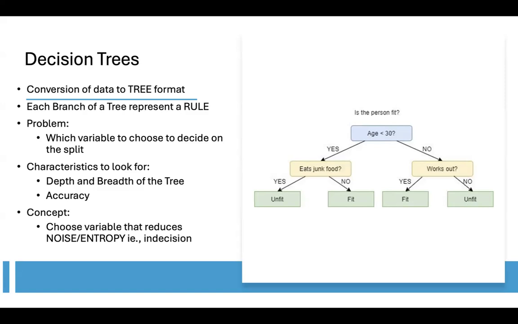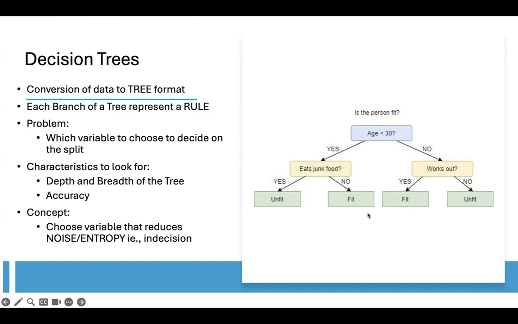So it's a tree representation of the data, and the representation is such that each branch of the tree represents a rule. Let me give you an example here.